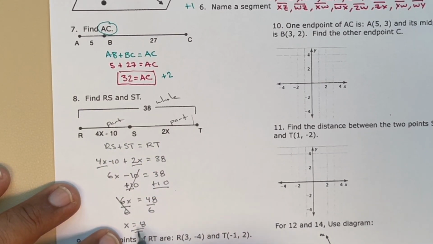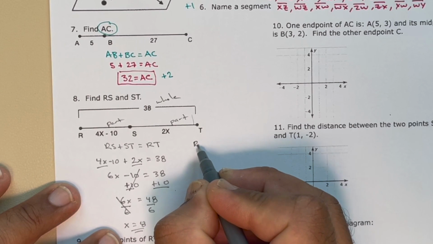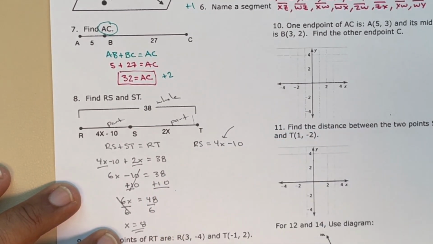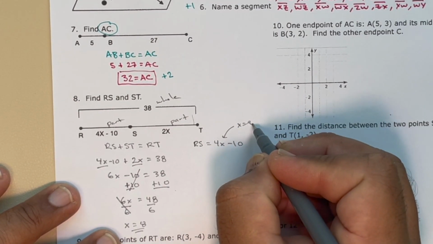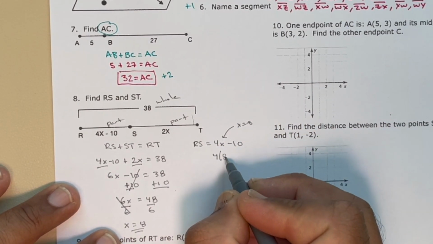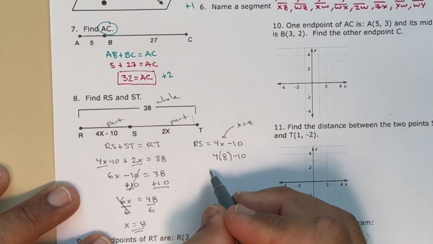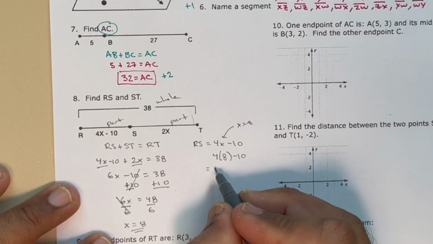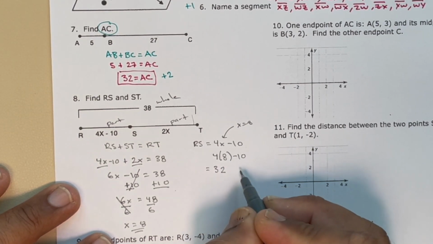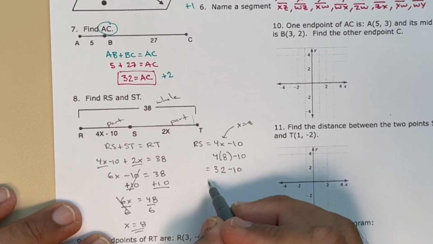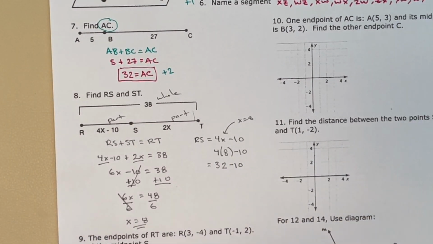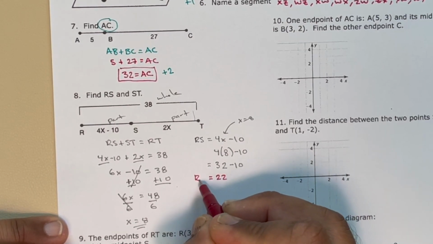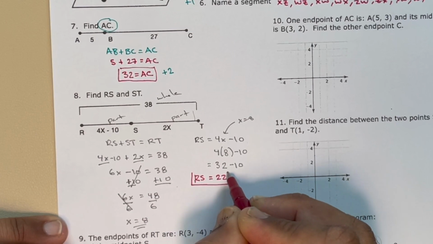So if I take x equals 8 and plug it into RS, which is 4x minus 10, I know x equals 8, so 4 times 8 minus 10 equals 4 times 8, which is 32, minus 10. That equals 22. And I just found RS.